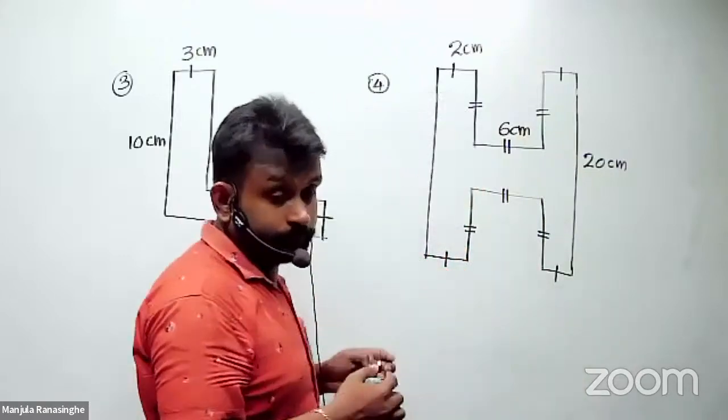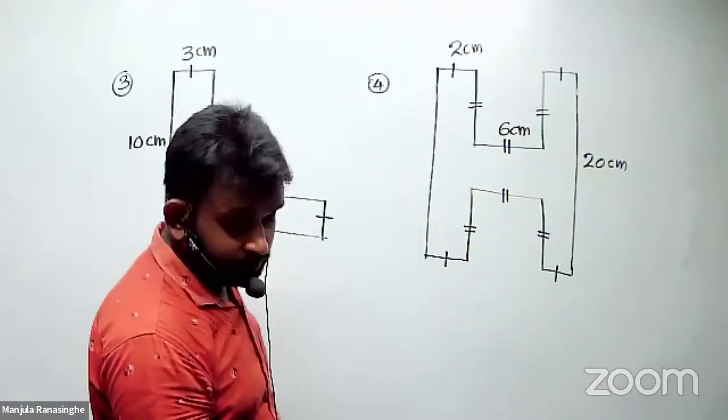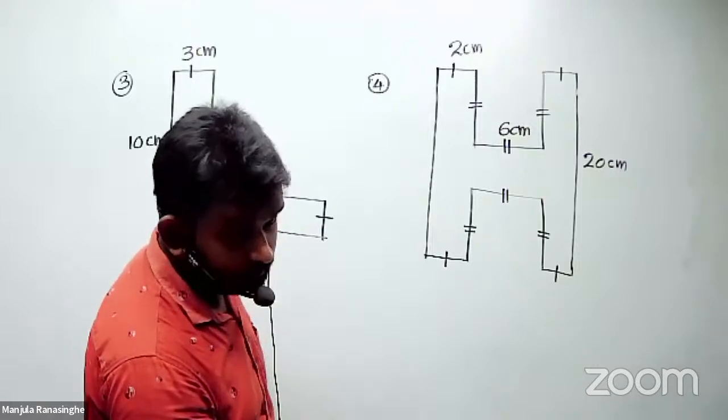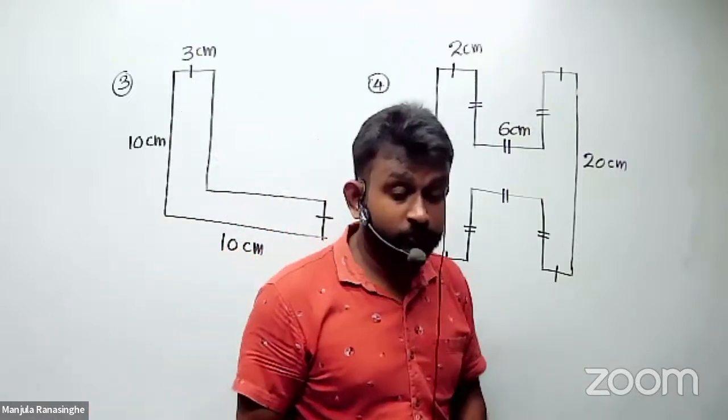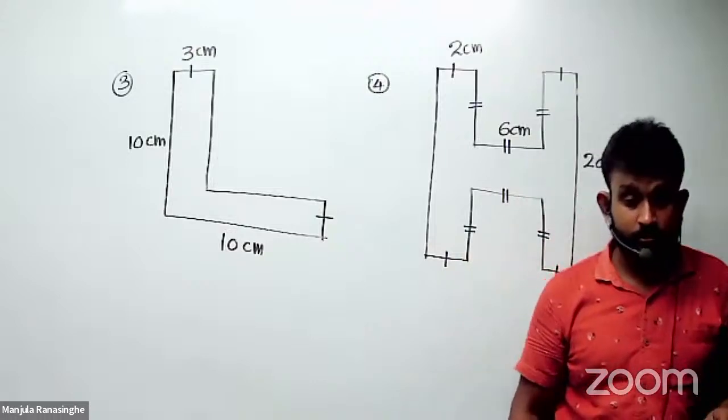Right. So these are the two plane figures given to find the perimeter. Right. Draw correctly.